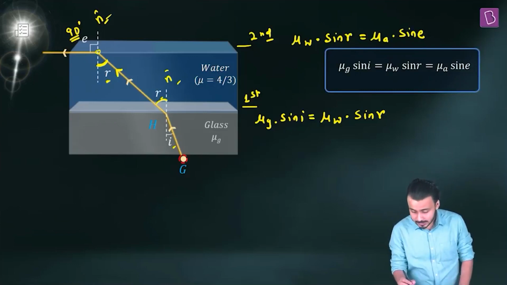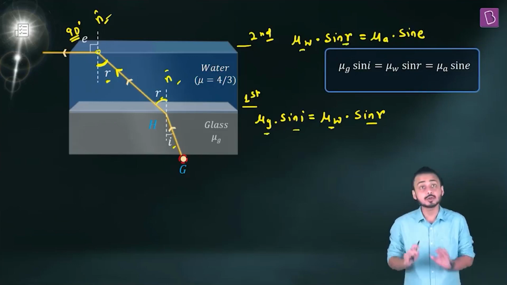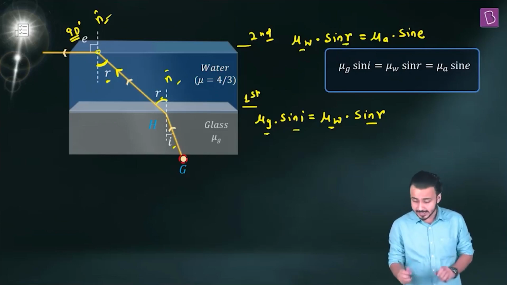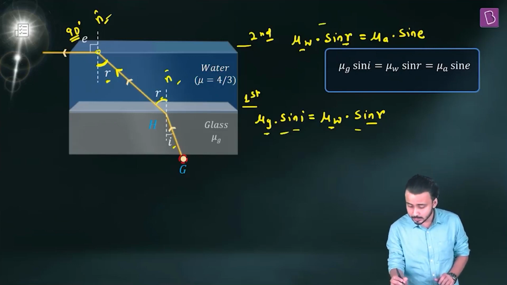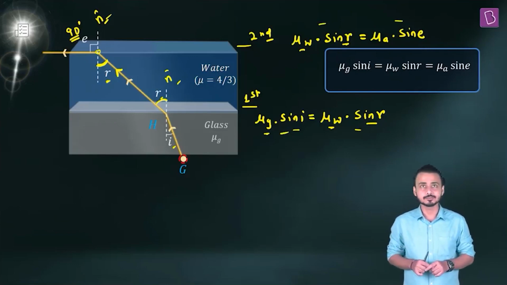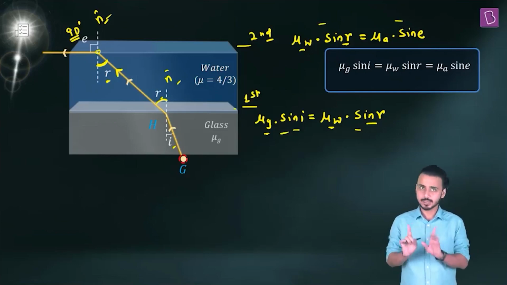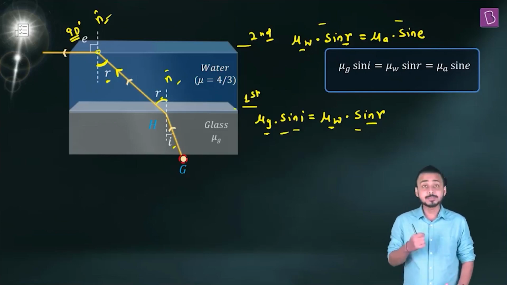Why? Because mu g into sine I, mu water into sine R, and mu water into sine R are common in the two equations. So A is equal to B and B is equal to C. So what I can write is A is equal to B is equal to C, because the interfaces are parallel, we can apply this. What is being asked?